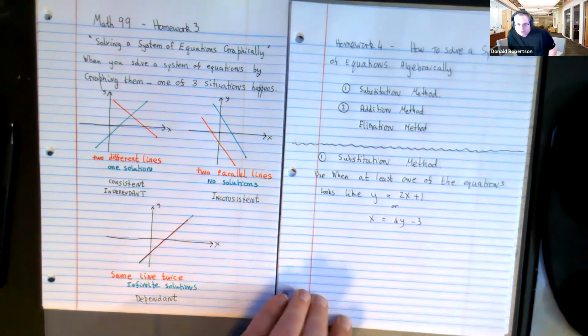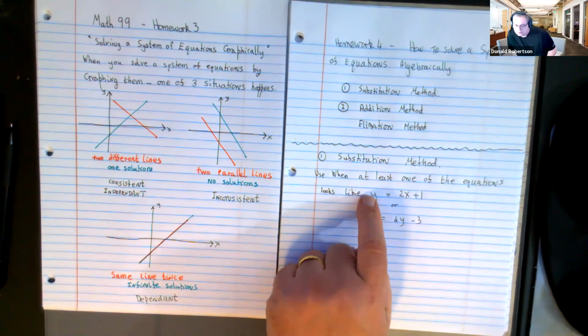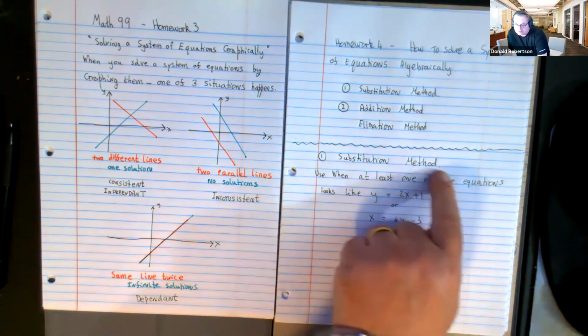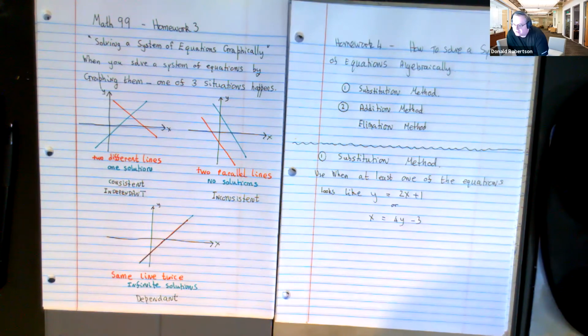So if one of your two equations is y equals the rest or x equals the rest, then the substitution method is the best method to use. So you only need one of them. It's nice that both of them are that form, but one is enough.